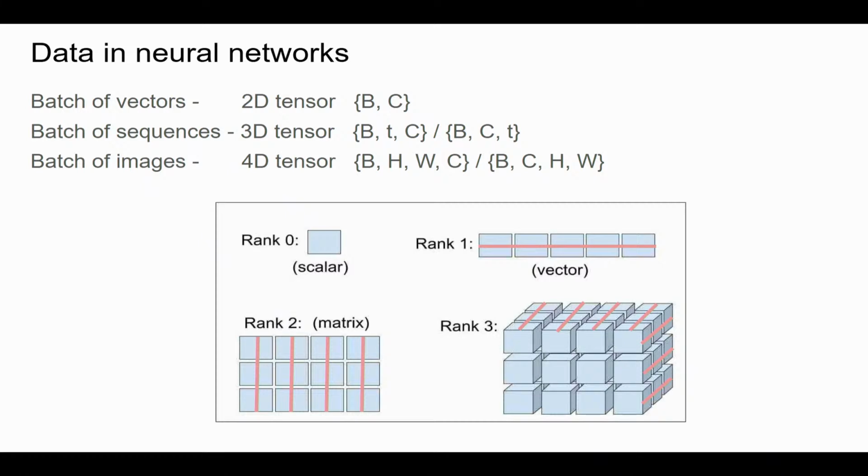So what about the data? In vision, you mostly have 4D tensors running through your network. You have the horizontal x coordinate, the vertical y coordinate, and each pixel is represented by some features, by different channels.